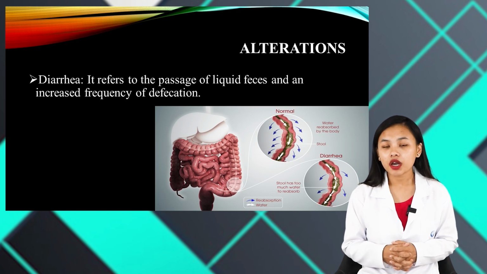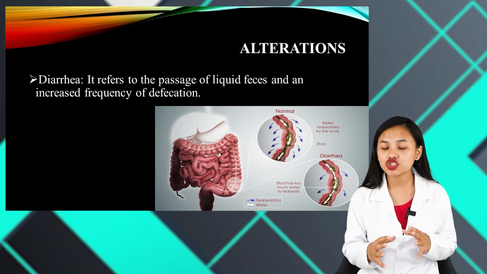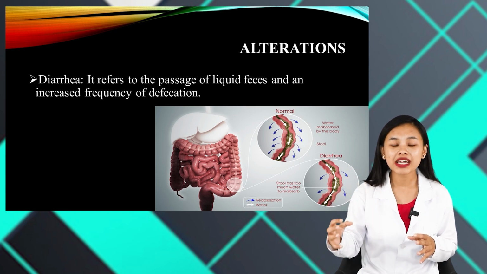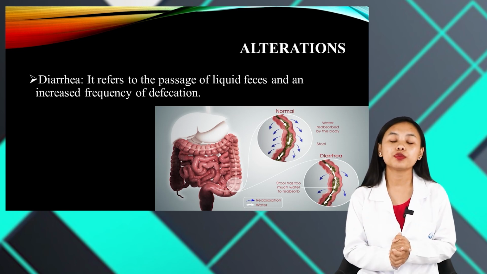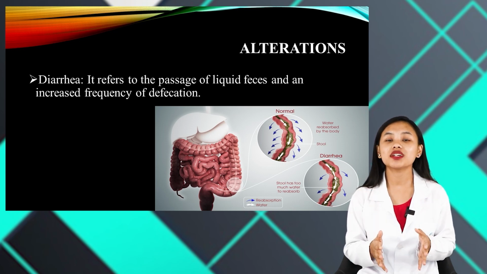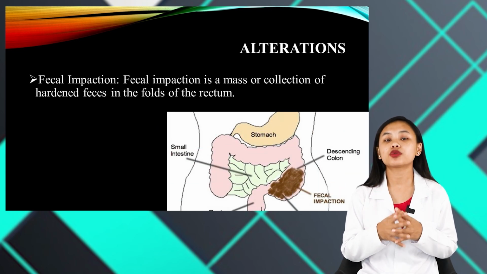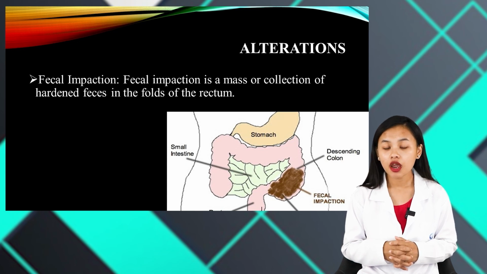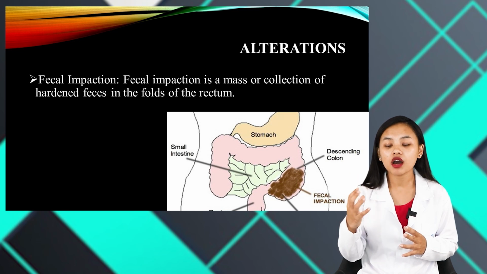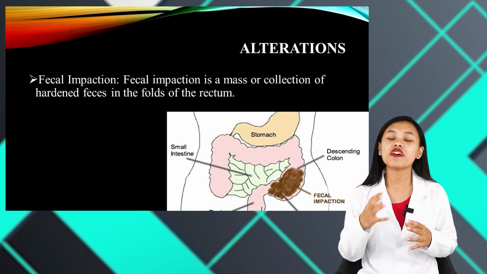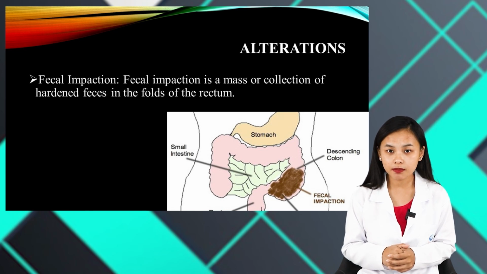And diarrhea is a condition in which there will be passage of liquid stools in an increased frequency, which can also be associated with the presence of spasmodic cramps. The third one is fecal impaction, wherein a person will be having a mass or collection of hardened feces in the folds of the rectum.